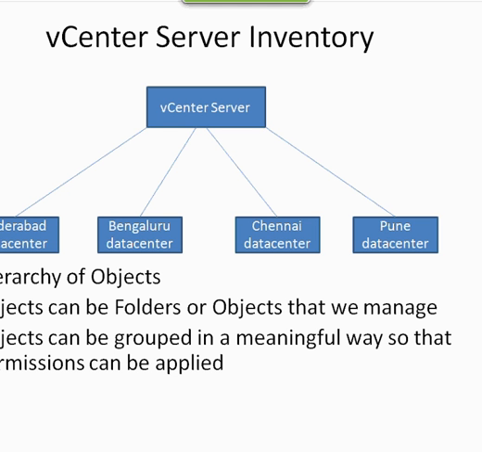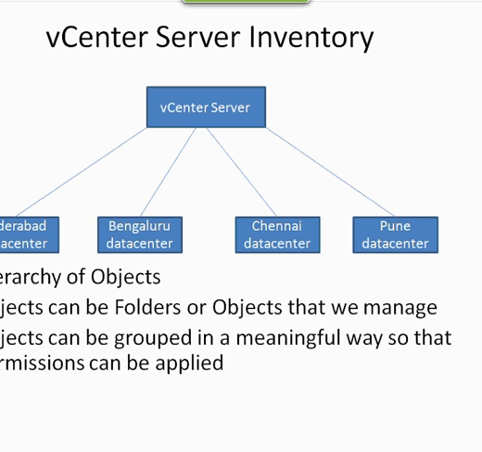And let us assume that there are 100 hosts running virtual machines and applications related to Hyderabad operations, 100 hosts running virtual machines and applications related to Bangalore operations, 100 hosts running virtual machines and applications related to Chennai, and 100 hosts running virtual machines and applications related to Pune operations.